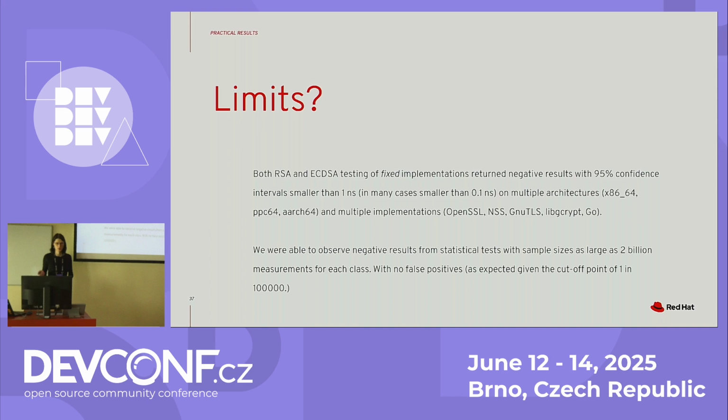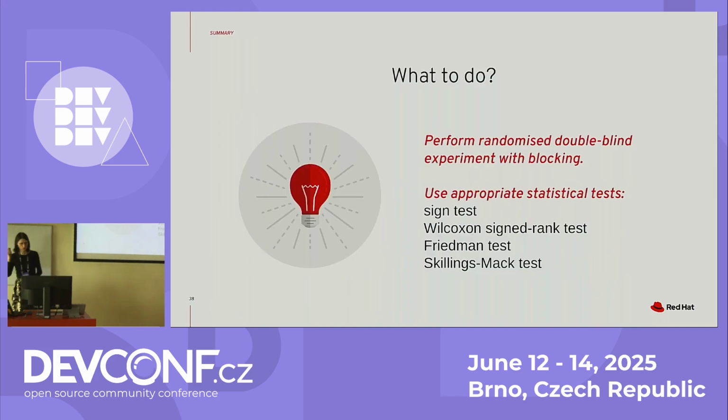If you do this kind of testing, you need to perform a randomized double-blind experiment with blocking. This is what I talked about for the scaling max: you need ways to execute the test cases in a grouped manner, where every test in a line of that matrix is executed in a similar environment.